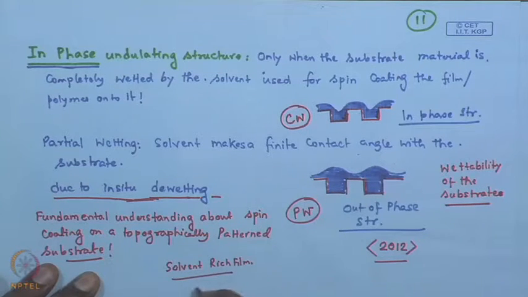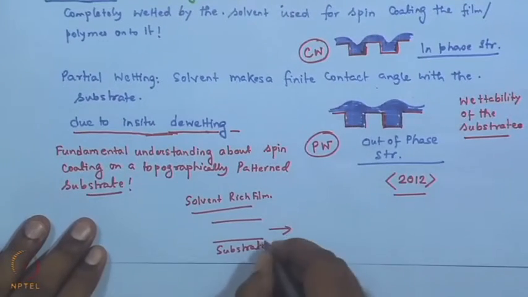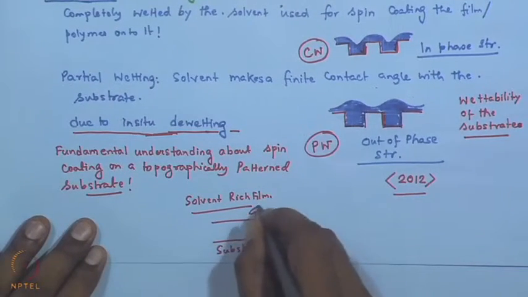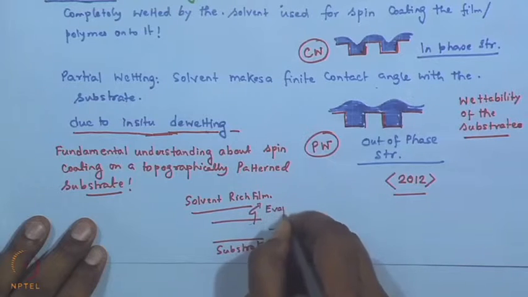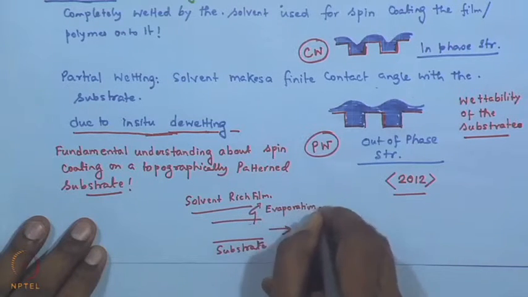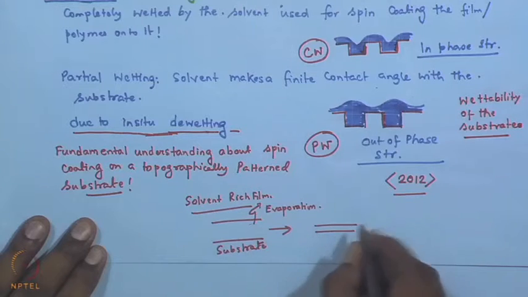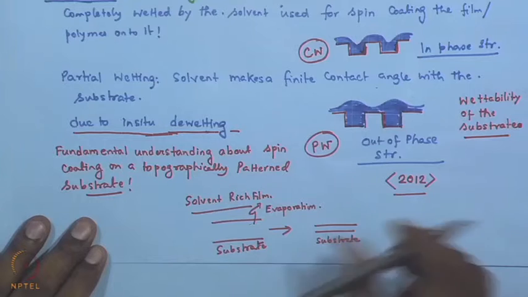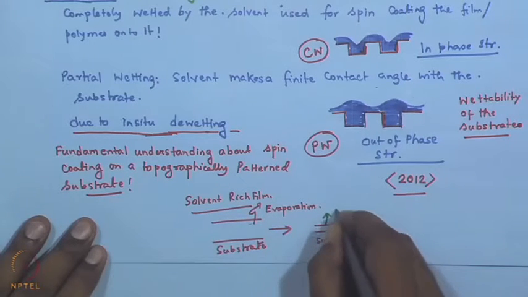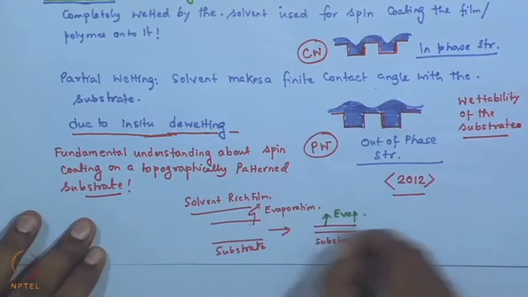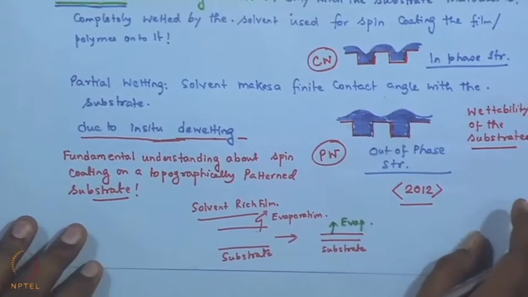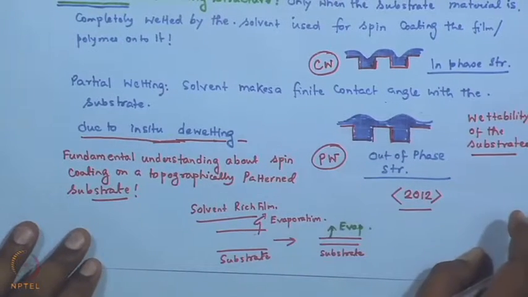Initially let us say it is like this, this is on the substrate, and then there is evaporation, and gradually there is thinning of this solvent rich film during the process of spin coating itself.